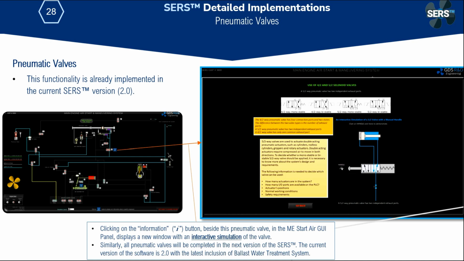This presentation is another example. It is showing a solenoid valve operated manually, and that allows pushing a piston with air. And this is already built in the simulator, and where you see the I button allows them to display it.